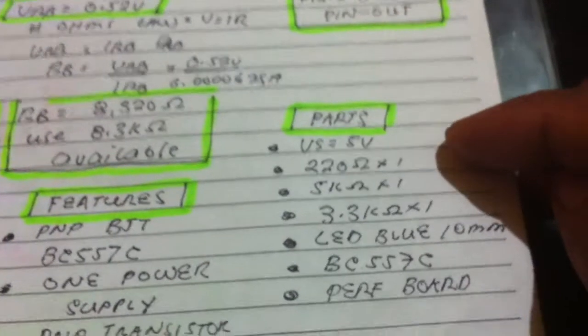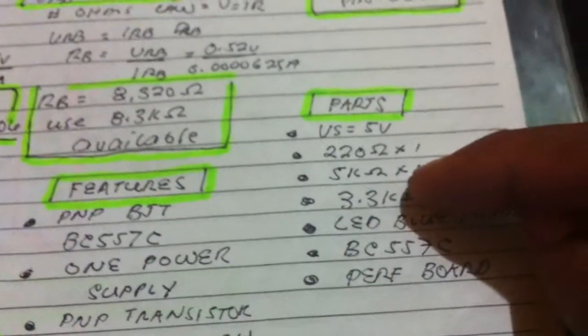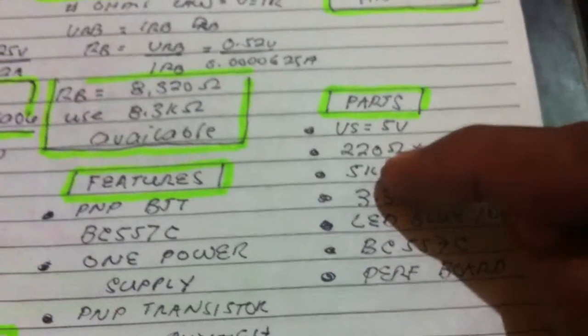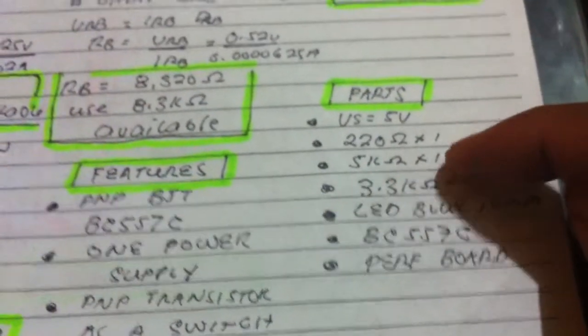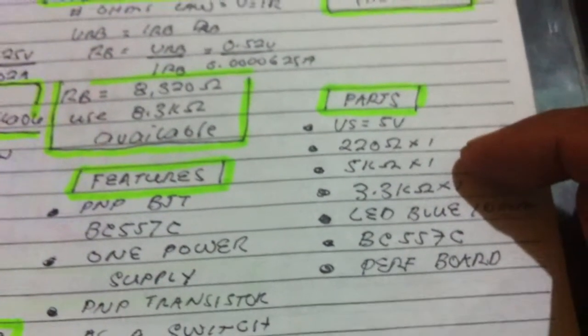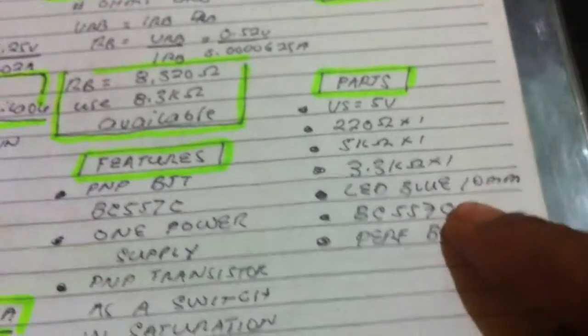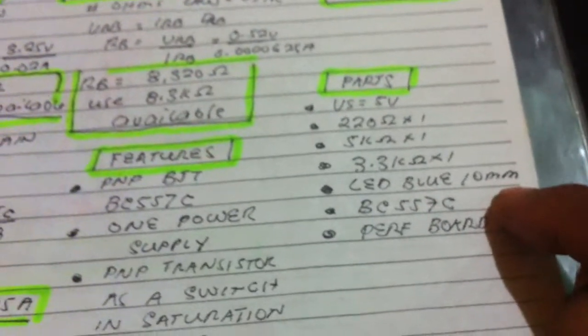And we have the parts here: voltage supply, 220 ohms, and this 8.3 kilo ohms. 5K plus 3.3 kilo ohms is 8.3 kilo ohms. Since we're using only two resistors, 220 and 8.3 kilo ohms. LED blue, 10 mm in size.